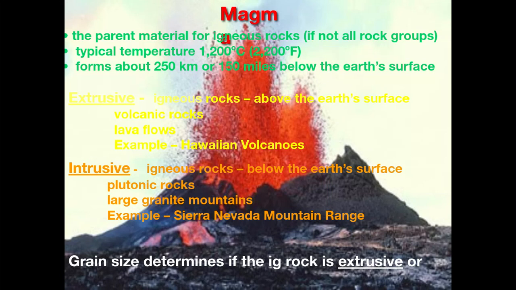When we look at the igneous rocks in this class, hopefully when you get out, you'll be able to distinguish if this rock was an extrusive or an intrusive type igneous rock. What's going to determine that, if you look at the bottom of your screen, is grain size. We're primarily going to focus on the texture of the igneous rock to give rise to the classification, and then we'll focus a little bit on composition.